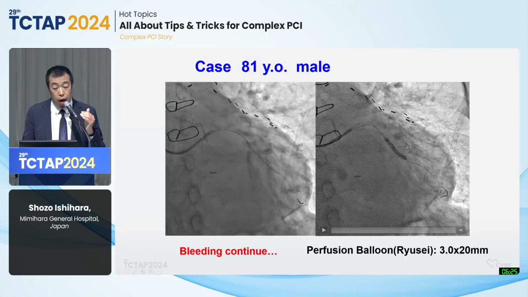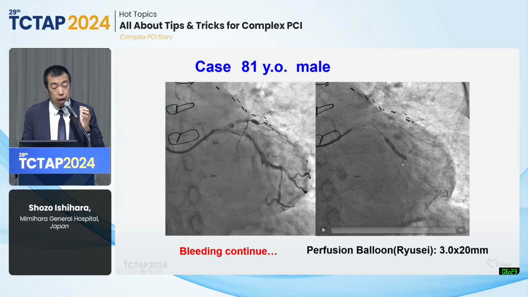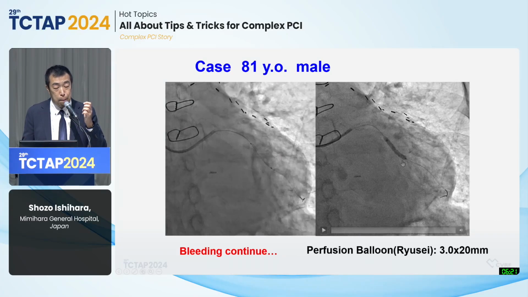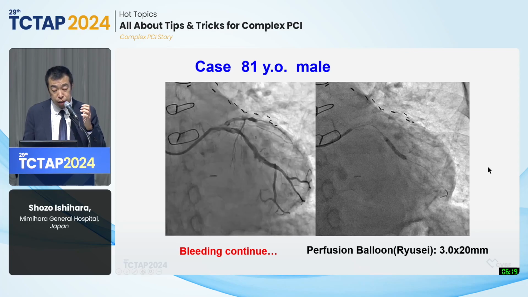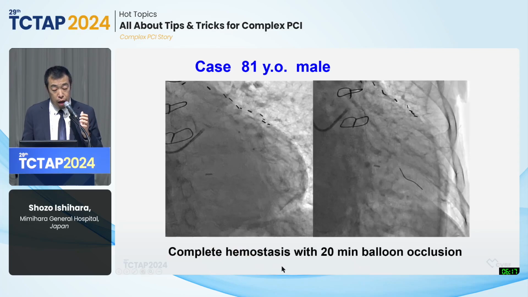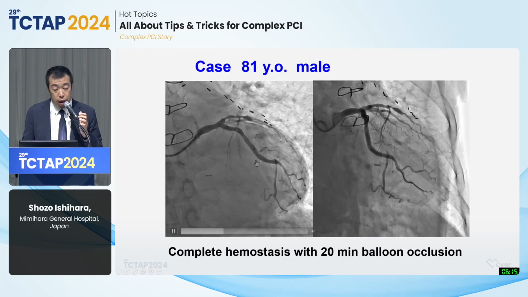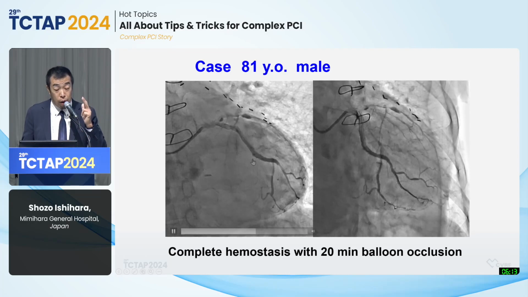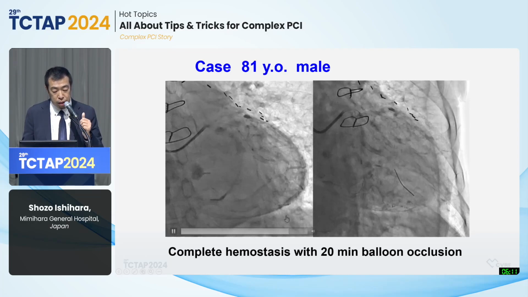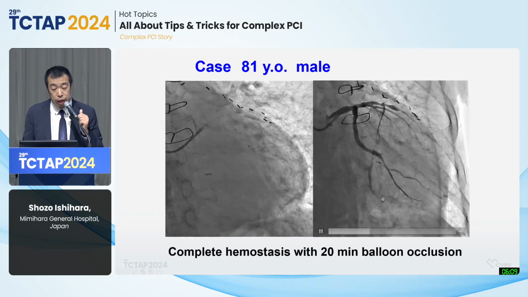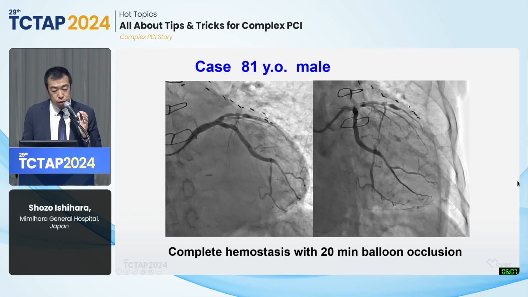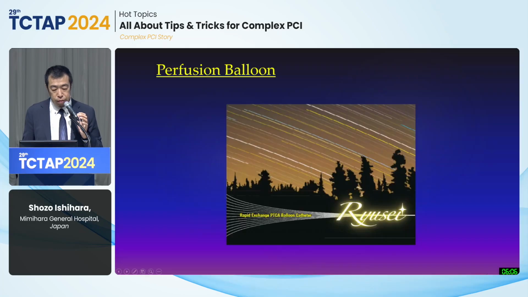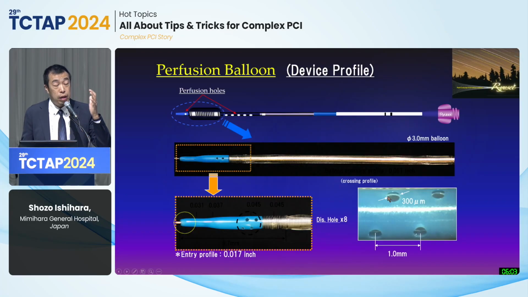So we used a perfusion balloon. This is made by Kaneka company, called Ryusei. With it we could continue balloon tamponade for 20 minutes, and after that we got good hemostasis like this. This is the perfusion balloon.